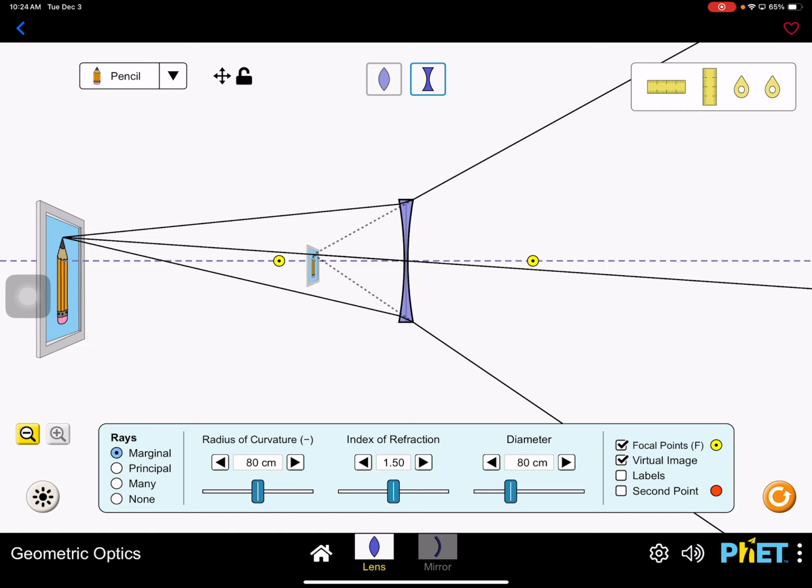So if your lens power is, let's say, one diopter, that means your far point is 1 meter away. So that is the far point.